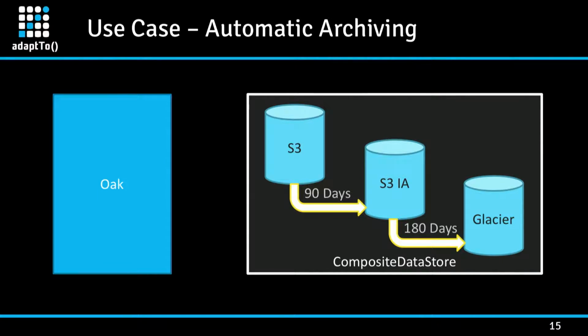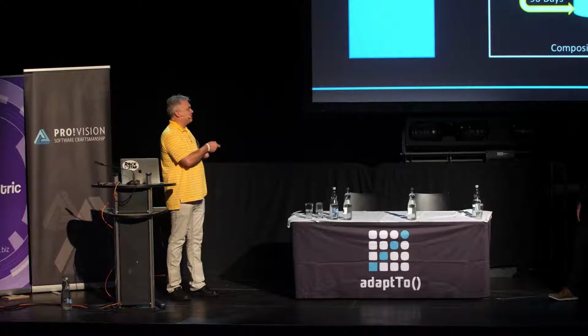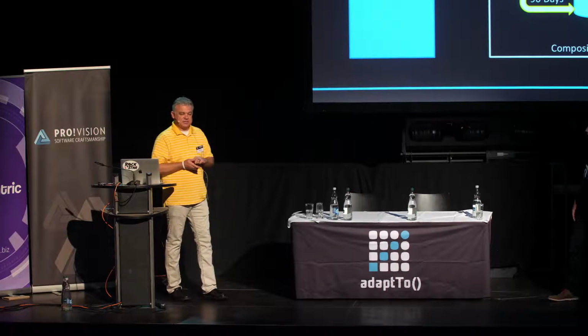In this case, you've got 3 S3 containers. 2 of them are buckets, so you've got one that's got all of my S3 data, and then you move your data somehow, maybe through a script that you wrote or through AWS Lifecycle Management policy, to a different bucket that's using infrequent access storage. And then let's say that after some further period of time, you move that over to Glacier.